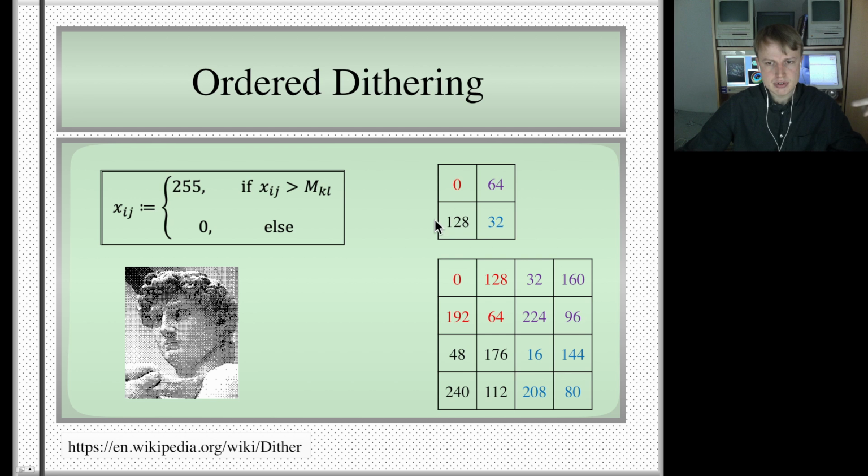Then on the next line, we go back to 0, 64, and so on, and we do this comparison to the different lines. You can use a small Bayer matrix, 2x2, 4x4, or even 8x8.